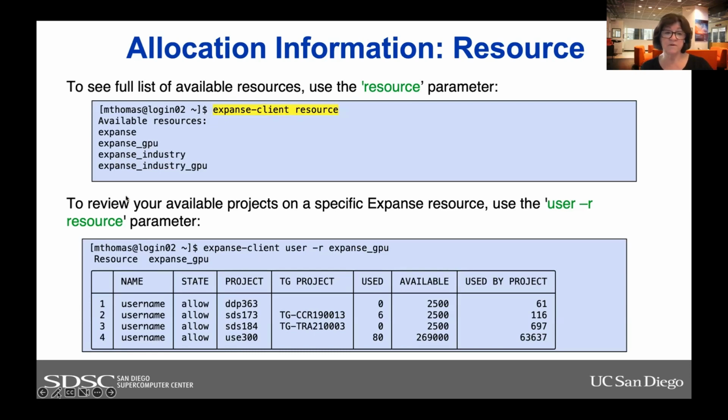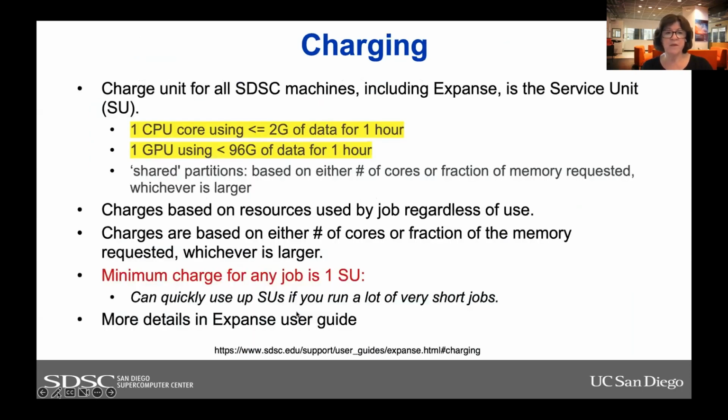Those are reserved for industry partners. And you can also look at your projects on a specific resource, like the GPU. Remember, CPU and GPU allocations are separate. If you want to work on both, you have to apply for both CPU and GPU. And again, that just shows the output.